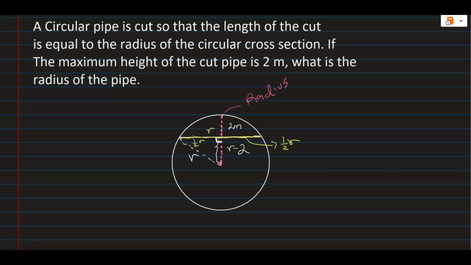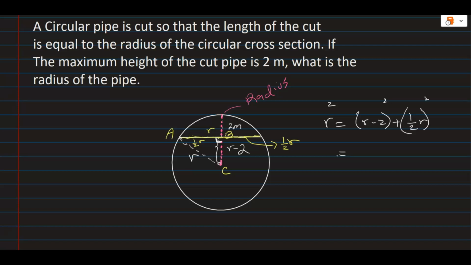Basically, we have this triangle A, B, and C, and then we can write up the Pythagorean equation and then solve. So what do we have? We have r squared, the hypotenuse squared, is equal to r minus 2 squared plus half of r all squared.